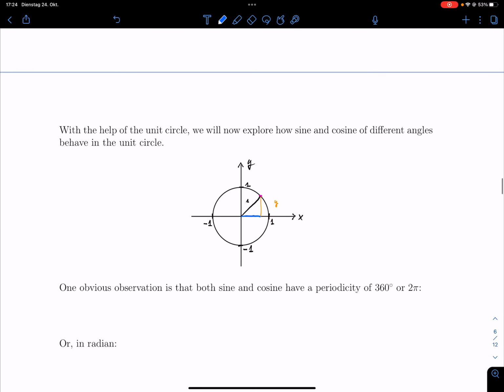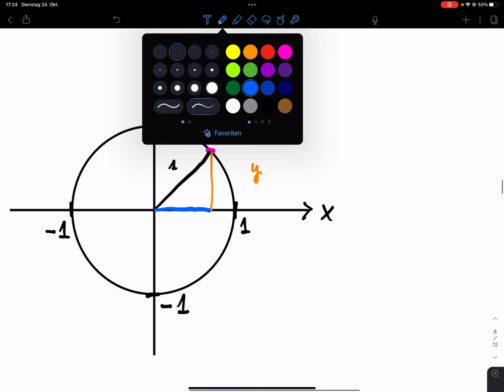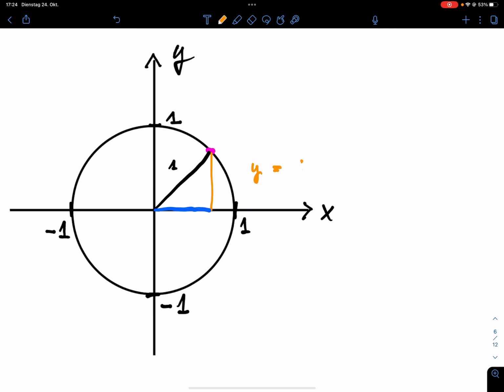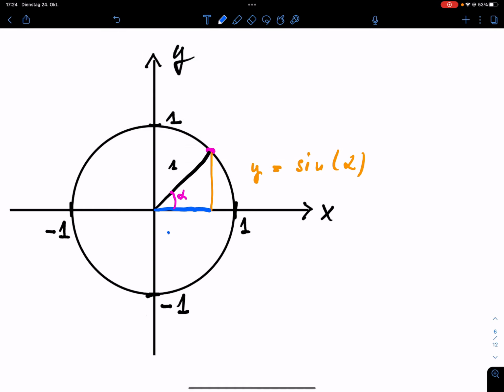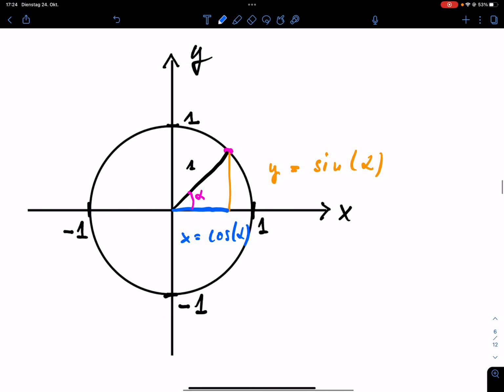And this means that in general, y is going to be sine of alpha, if our measured angle is, as we previously agreed, alpha, and the blue line, the x value, is always going to be cosine of alpha.